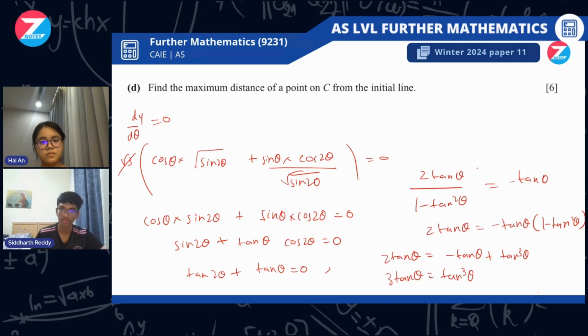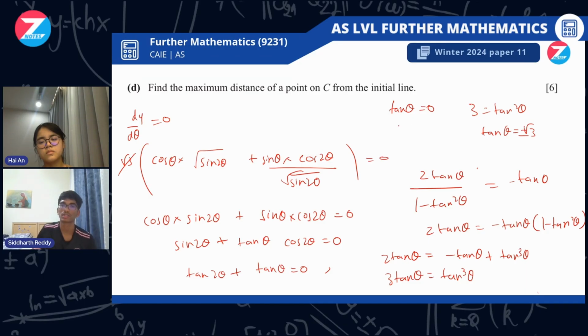Okay, so we have a couple of solutions here. One is that tan theta is equal to 0. The other one is if we divide by tan theta on both sides, we get 3 is equal to tan square theta. So tan theta is equal to plus or minus root 3.